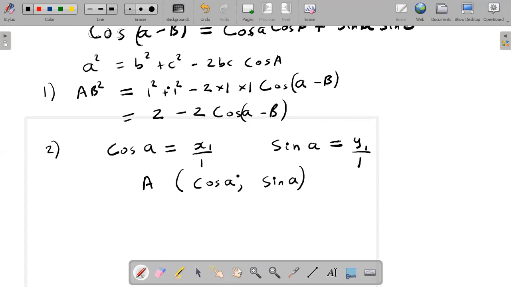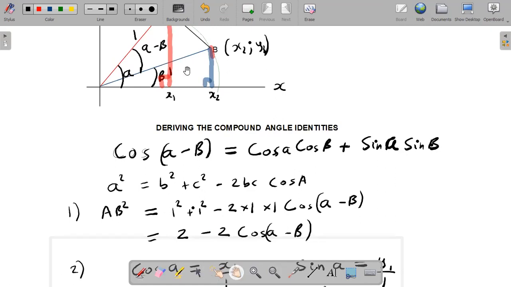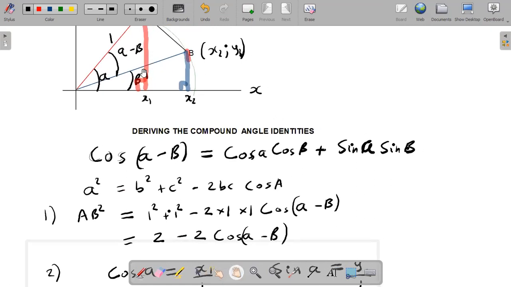Right? We can do the same again for the point B. On point B, cos beta this time around is equal to adjacent over hypotenuse. Our hypotenuse, remember, is 1 because it has equal length with OA.